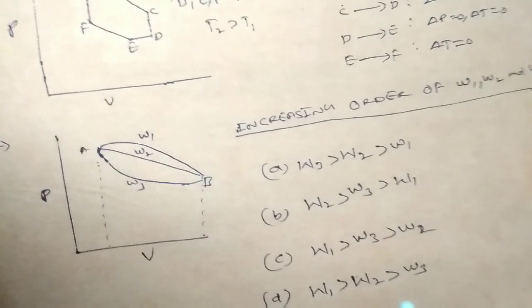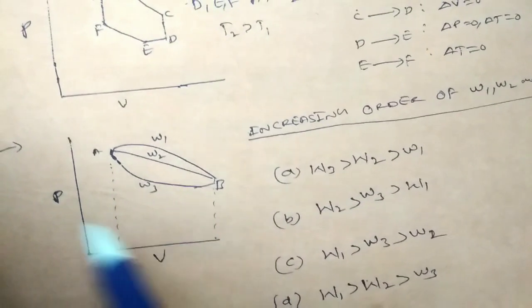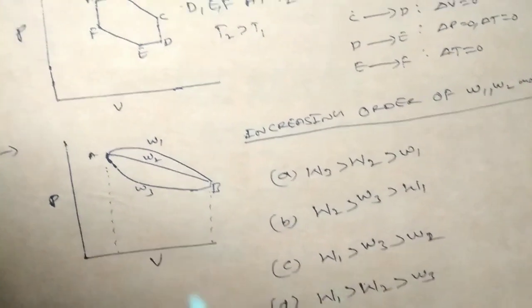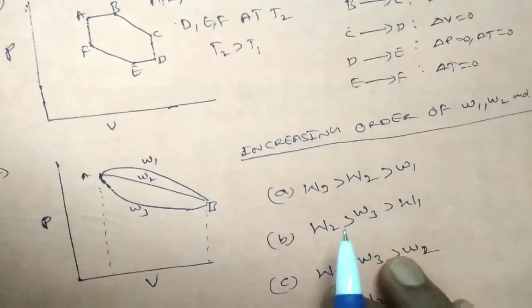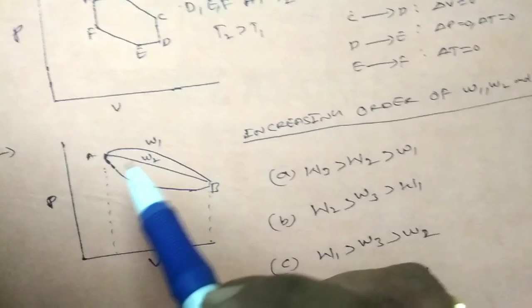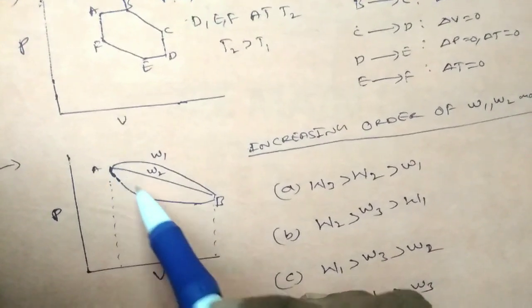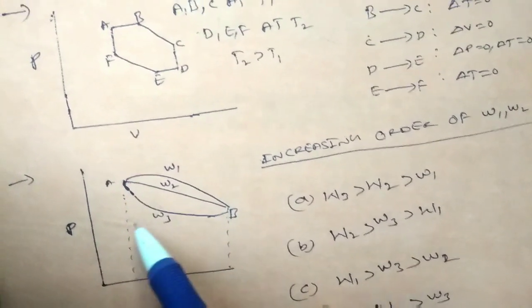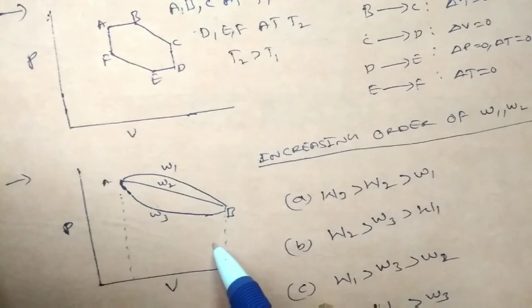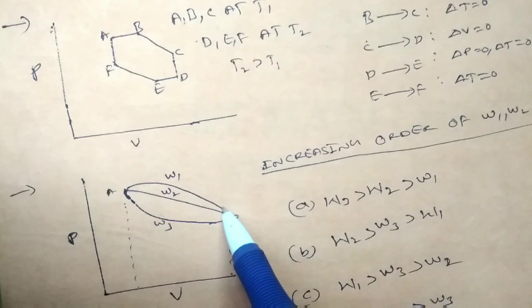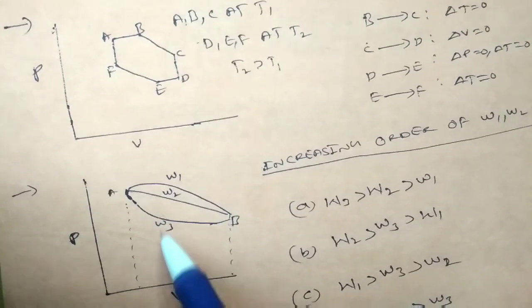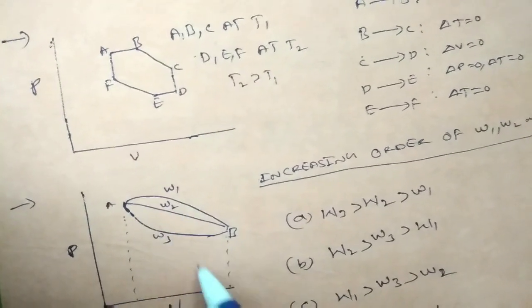Got it? Now whenever a P versus V graph is given, you just have to look at the area under the curve. See, under this middle line you have less area. As compared to this one, the above line will have more area.